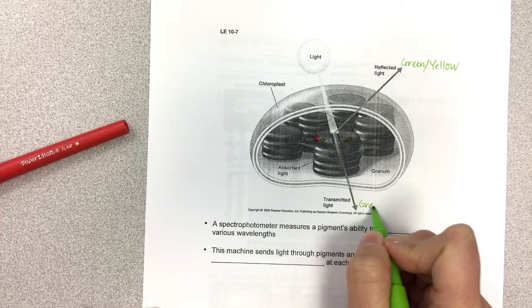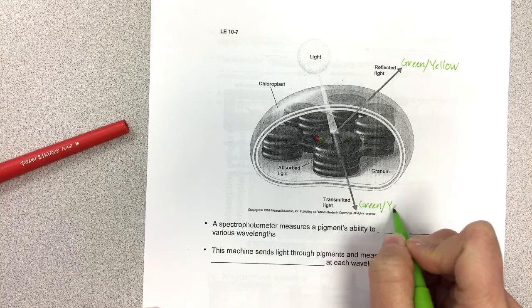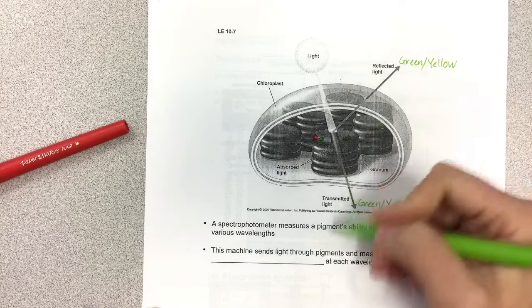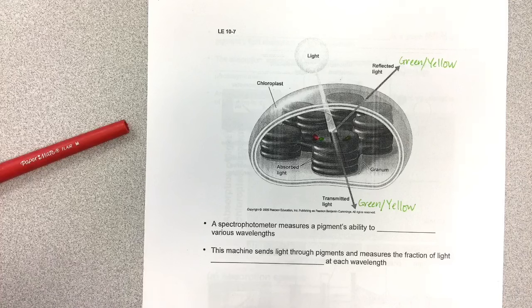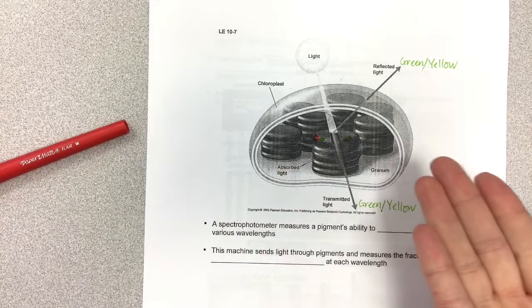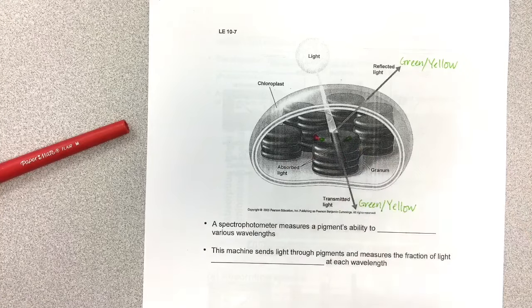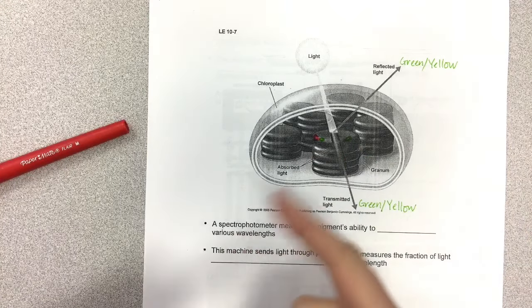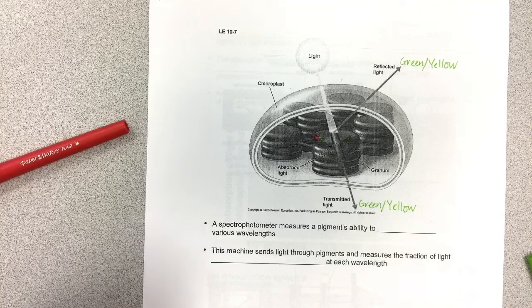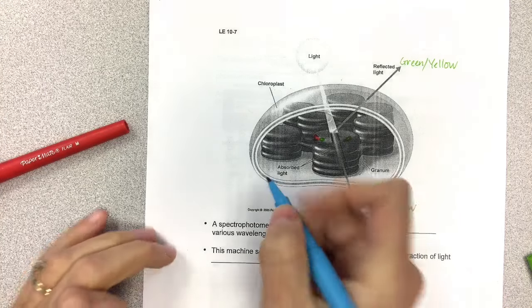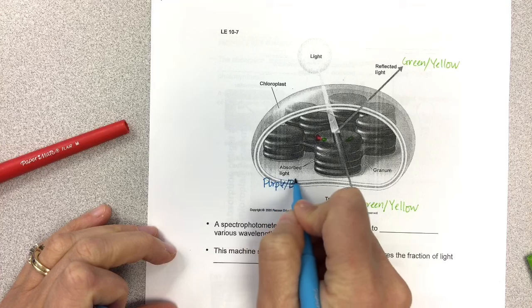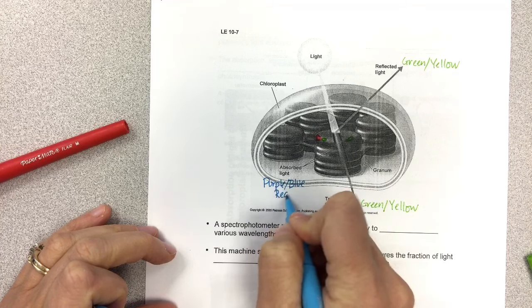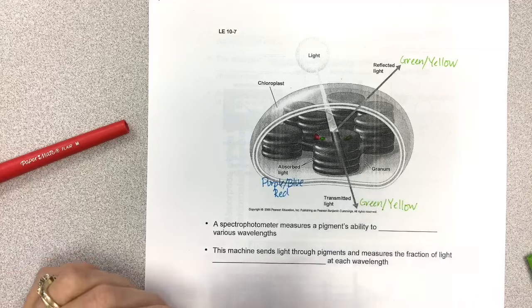It's the same thing for transmitted light, green-yellow range. And that's why we see it, because it's not being absorbed, it's being reflected back to our eyeballs, and therefore if the plant has a lot of chlorophyll in it, we see the plant as green. The absorbed light, let's put it over here, is in the purple-blue range and the red range. That is where it absorbs.